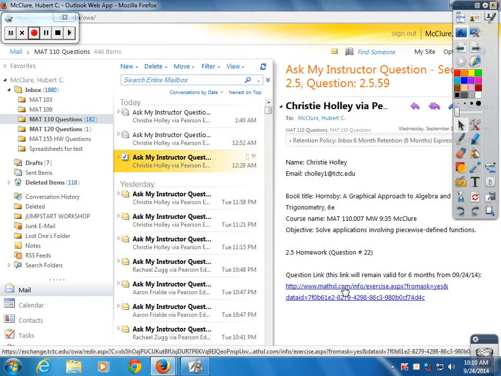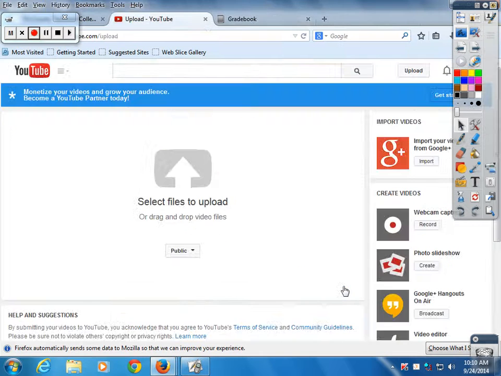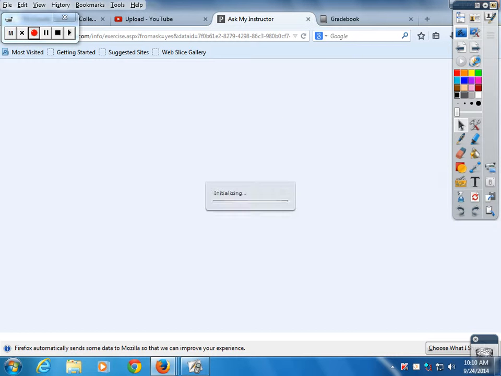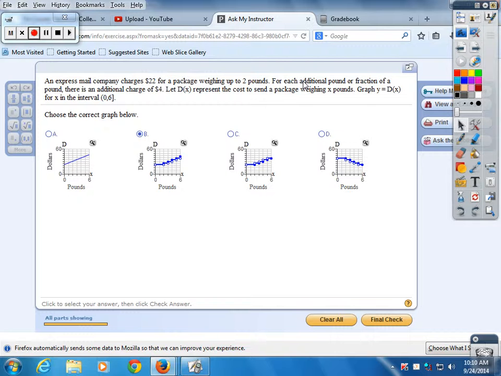Section 2.5, number 22. An express mail company charges $22 for a package weighing up to 2 pounds. So that'd be your dependent variable, 2 pounds, so that'd be 2 comma 22.